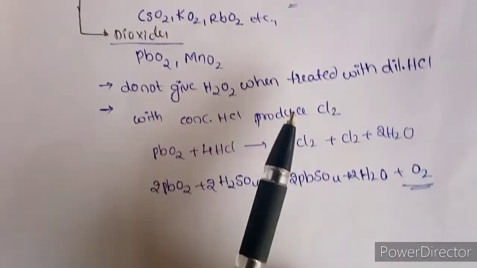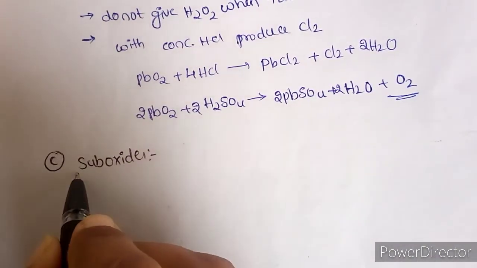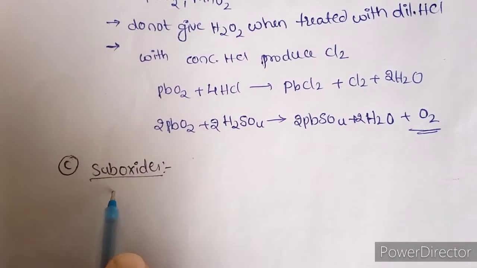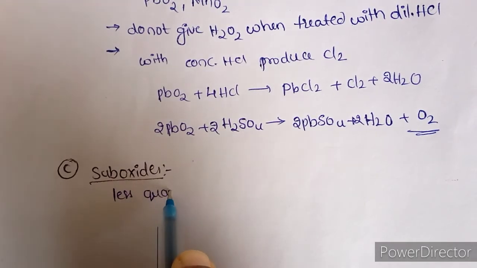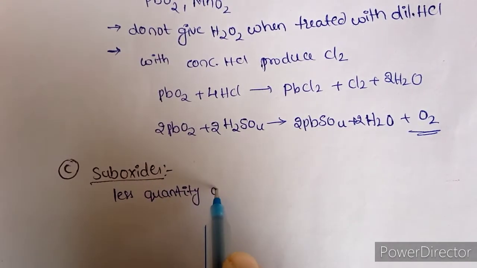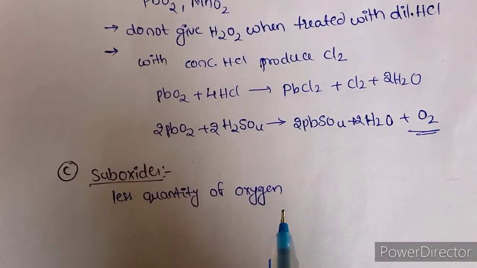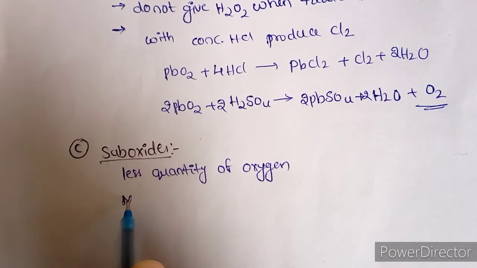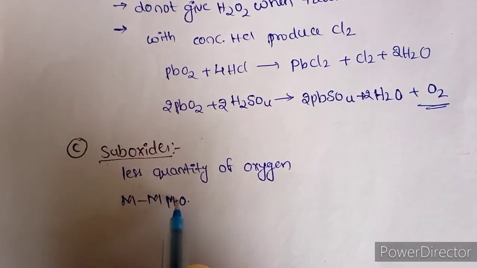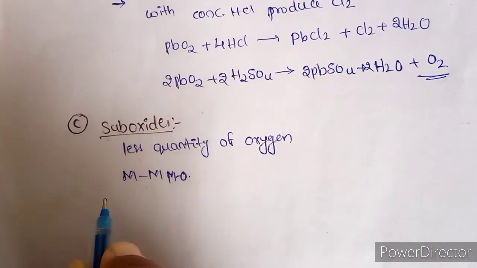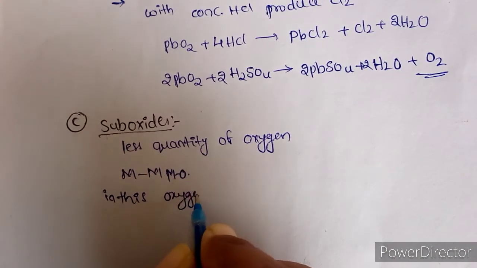Polyoxides completed, and next we'll move to the next oxides, that is suboxides. In suboxides the oxygen quantity is less and there exist M-M bonds and M-O bonds. In suboxides, oxygen forms clusters with electropositive elements.